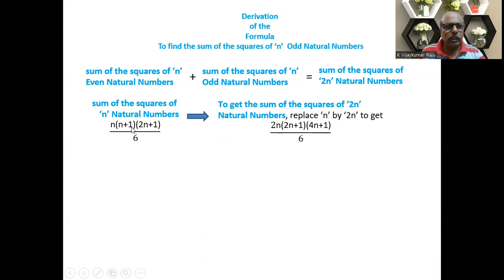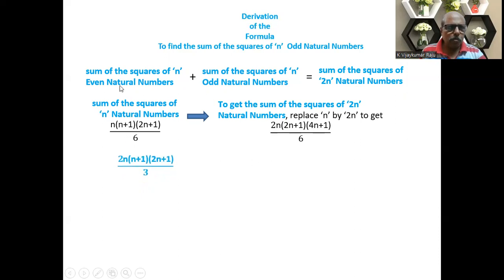Here we have n, so let us write 2n. n plus 1 becomes 2n plus 1. 2n plus 1 becomes 2 into 2n, that is 4n plus 1, upon 6. So the sum of the squares of the 2n natural numbers is given by the formula 2n, 2n plus 1, 4n plus 1 upon 6. Okay.